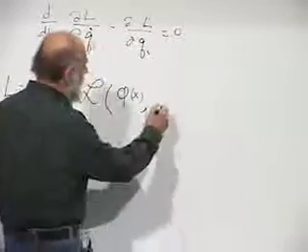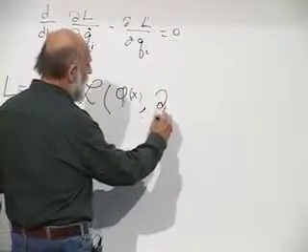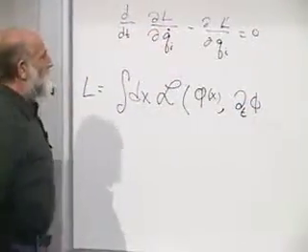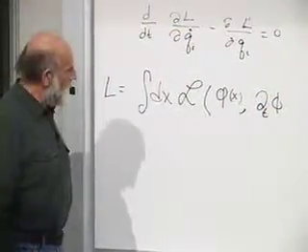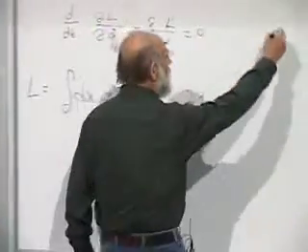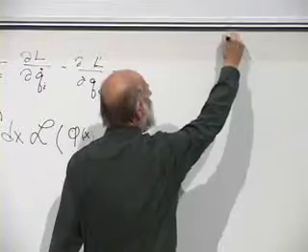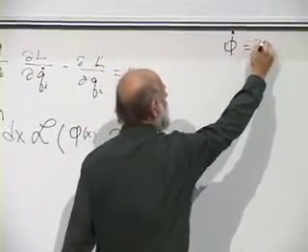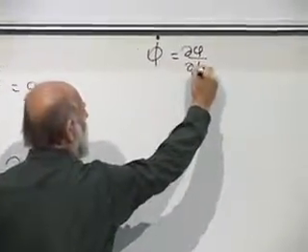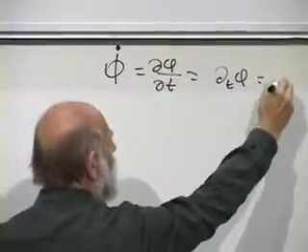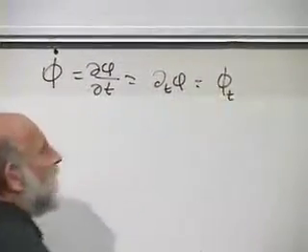Let me write that just as d_t phi, shorthand for d phi by dt. Here are some notational equivalences. Phi dot equals d phi by dt equals d_t phi equals phi sub t.